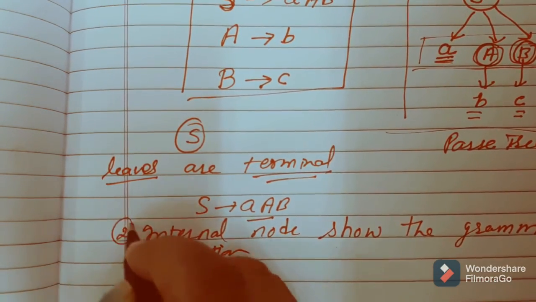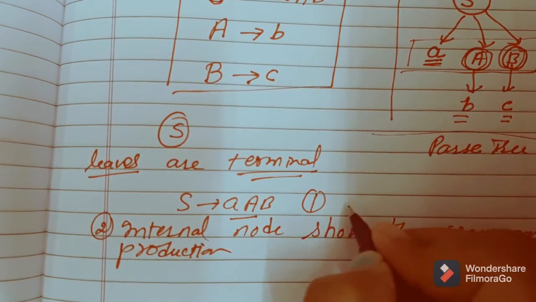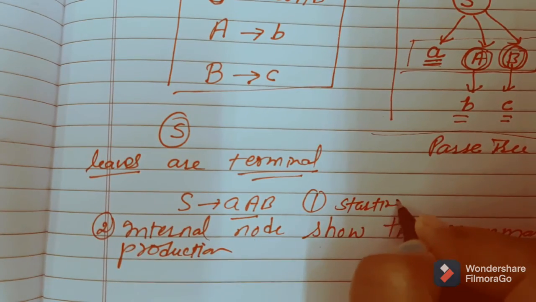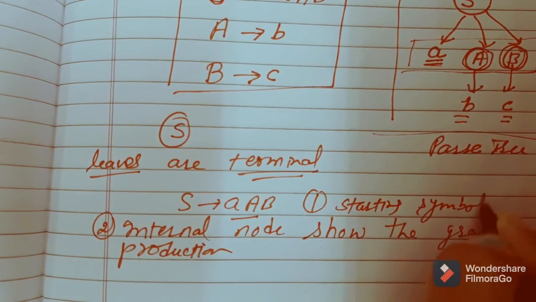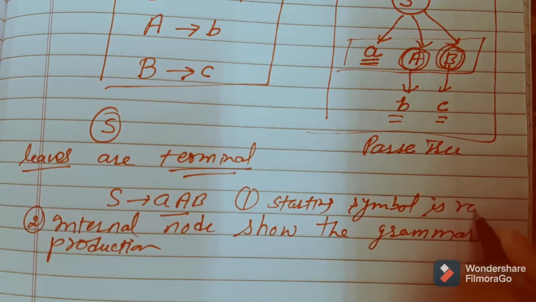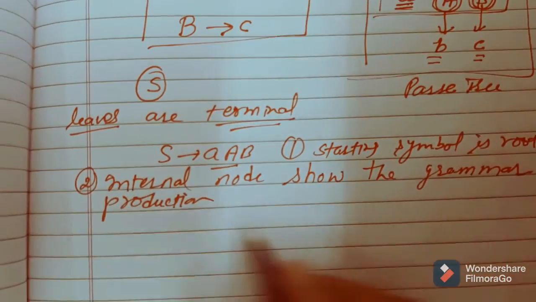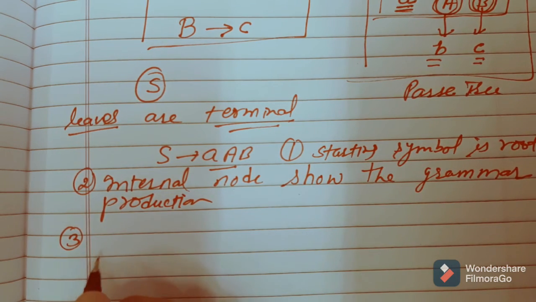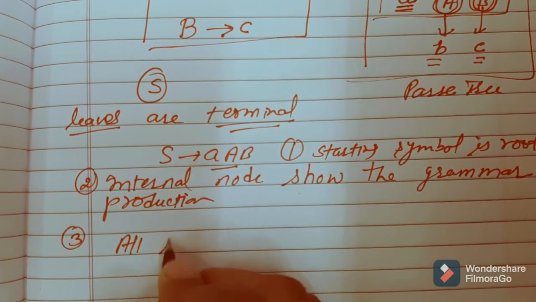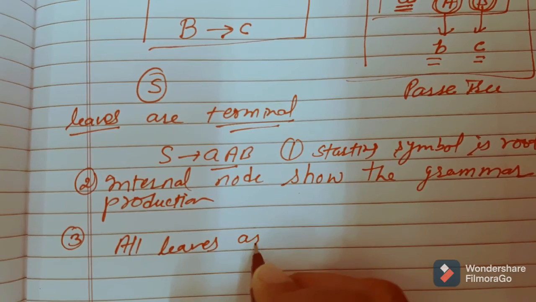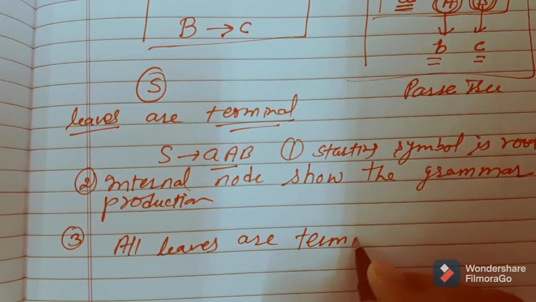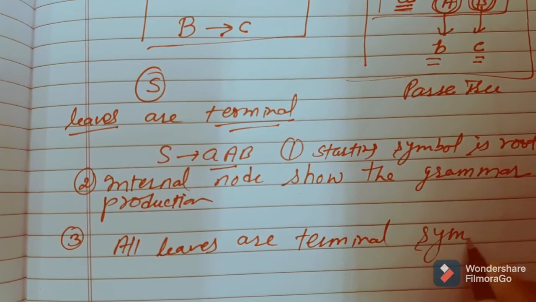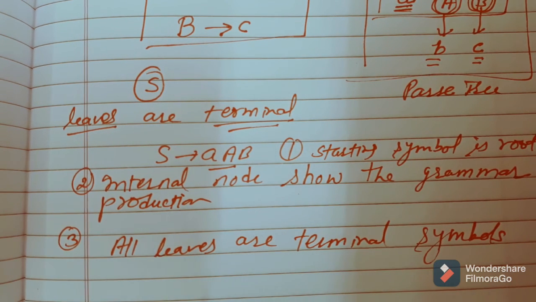And what about the starting symbol? The starting symbol is the root. And the third thing in the parse tree is that all leaves are terminal symbols. So this is the second phase of the compiler, where we find the parse tree.